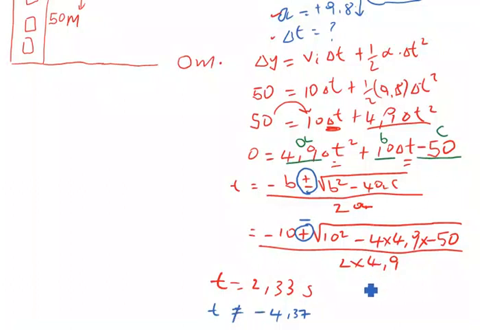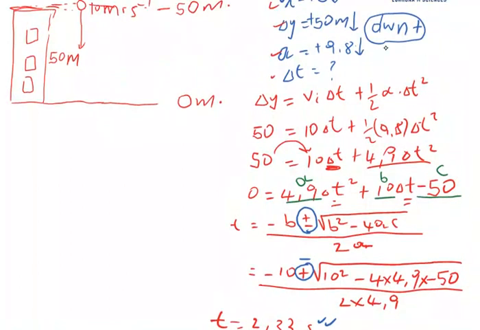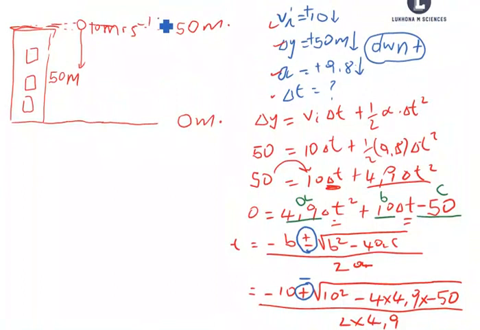Then this is t at the ground. The starting point is 0 seconds, then the time here is 2,33 seconds, right? So we can draw the position-time graph now. Okay, the position-time graph.